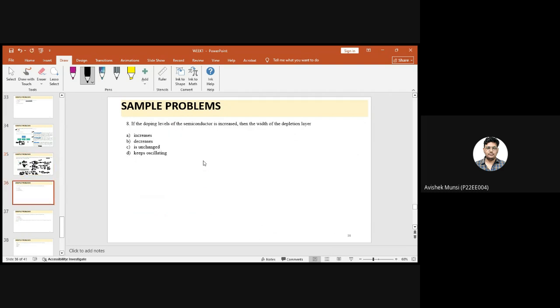Fine. So next question: if the doping level of the semiconductor is increased, then what happens to the width of the depletion layer? As I said, doping is directly proportional to the conductivity.